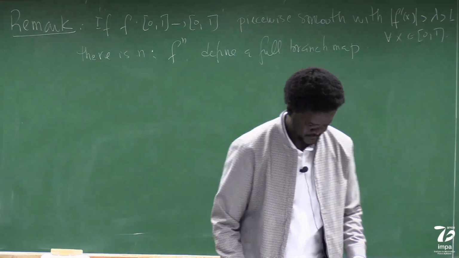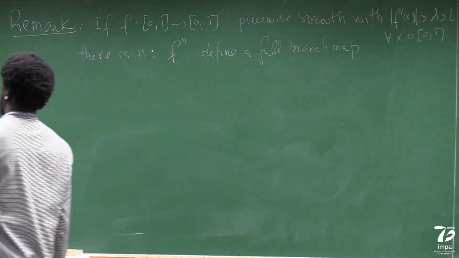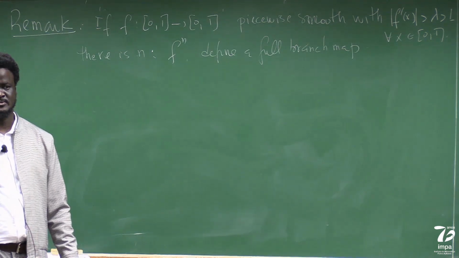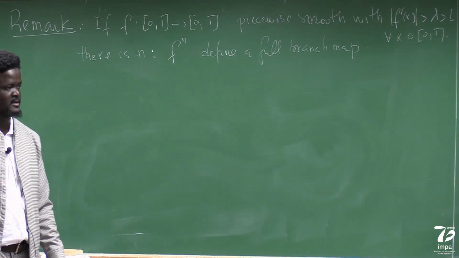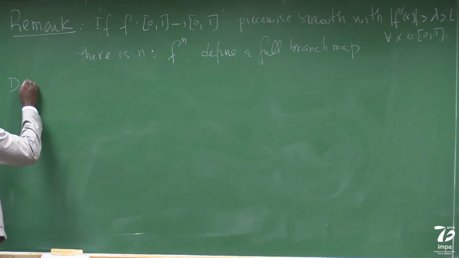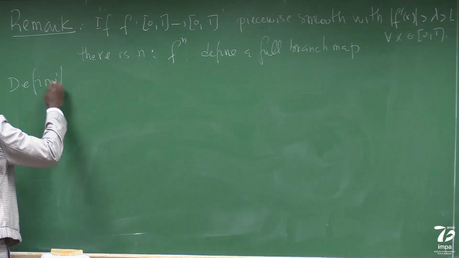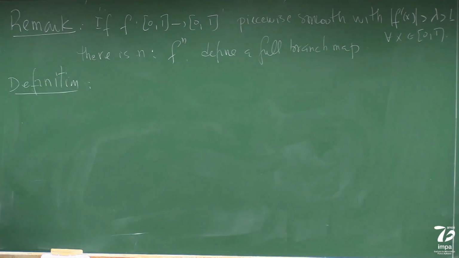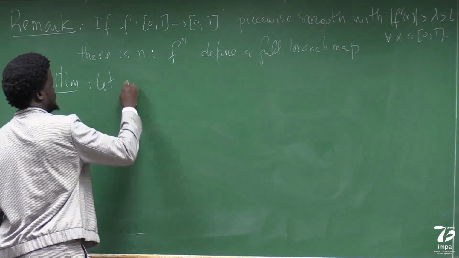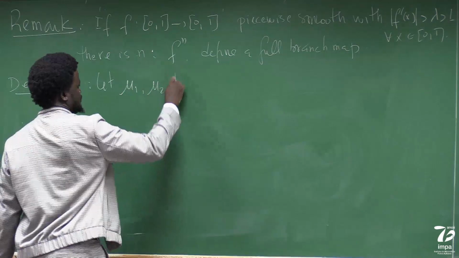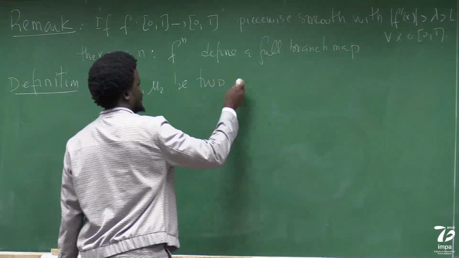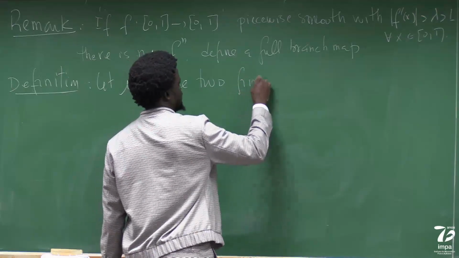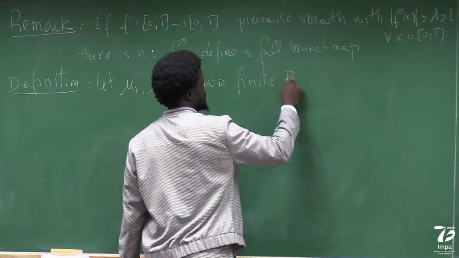Before that, for this type of map, we'll be interested in looking for measures that are absolutely continuous with respect to Lebesgue. So, definition. Let μ1, μ2 be two finite Borel measures.